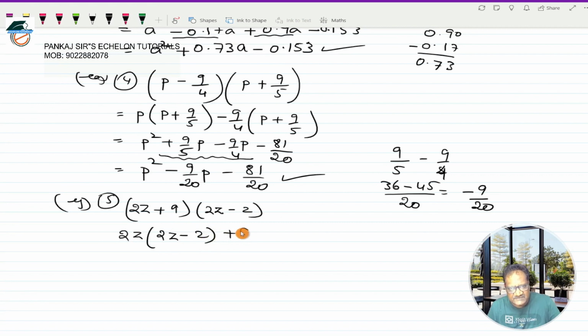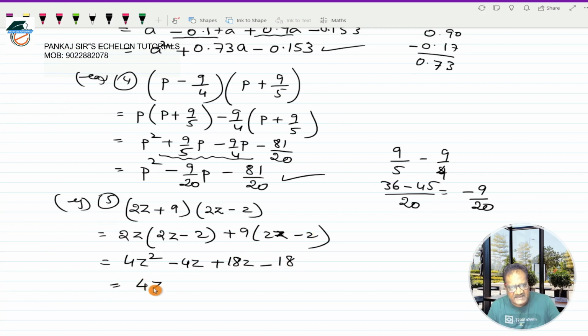Then I'll take this plus 9 and I'll multiply by the same bracket 2z minus 2. Then I'll open up the bracket. 2 2s are 4, z into z, z square, minus 2 2s are 4, 4z, plus 9 2s are 18, 18z, plus into minus is minus. 9 into 2 is 18.